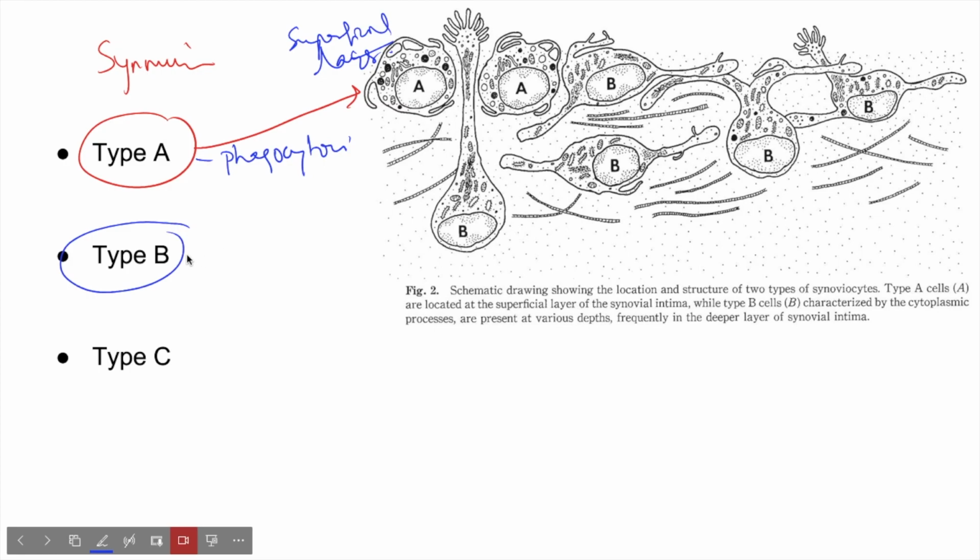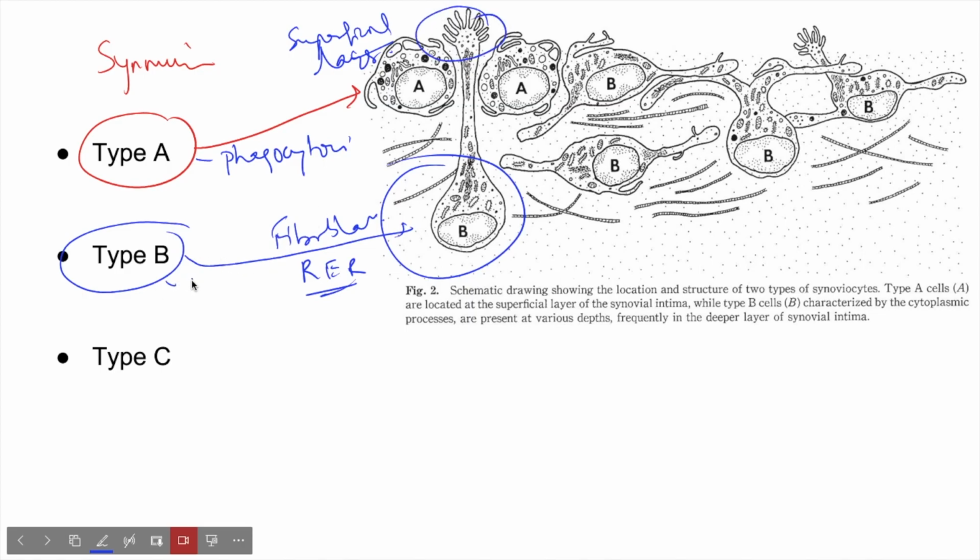Type B cell is a fibroblast type of cell. It is present more in the deeper layers, and it contains rough endoplasmic reticulum and dendritic projections. It is the one responsible for synovial fluid production.